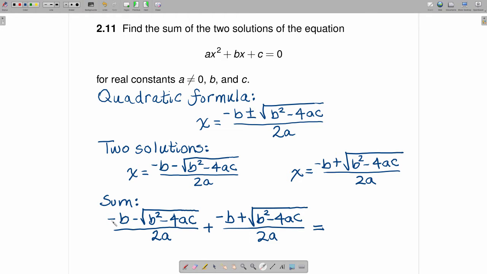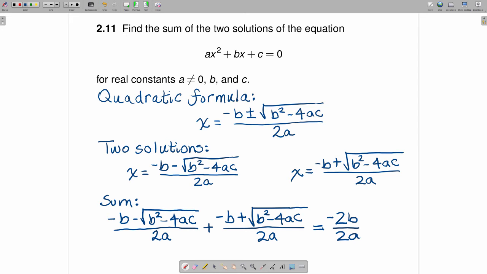So what we're going to do is get negative b minus b, and that is negative 2 times b. And we are going to get minus this quantity plus the same quantity, and this quantity minus that quantity is 0, divided by our common denominator, which is 2a.